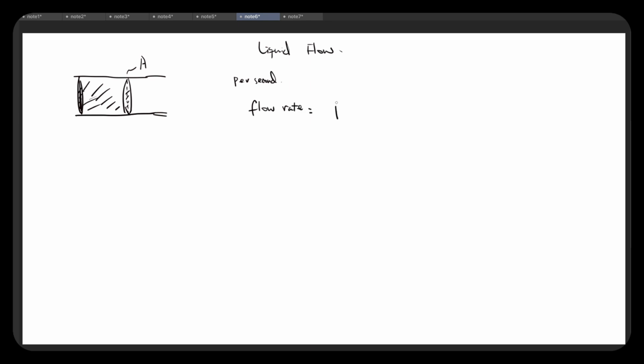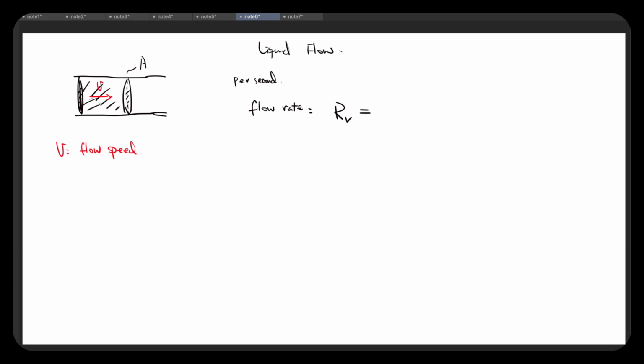Let's use a symbol R to represent that. The flow rate is defined as the volume, so we call it R_V. Our purpose is to get an expression for this R_V, and that's why we need the flow speed. So v here is the liquid flow speed.